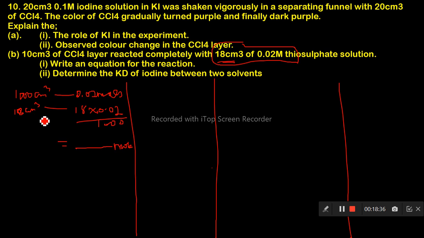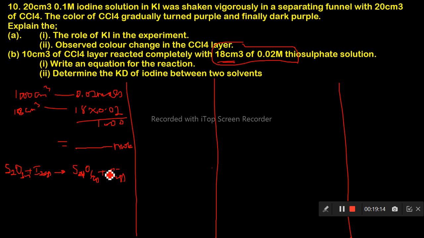Then from the equation, and we wrote the equation up, let's write it. The equation is thiosulfate reacting with iodine, and this is aqueous, this one is also aqueous. We shall get S4O6, and this one is also aqueous, plus iodide ions, and this is aqueous.